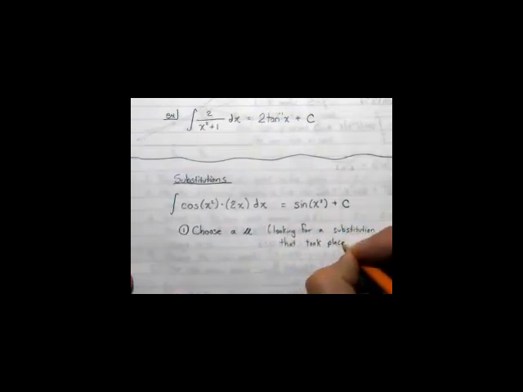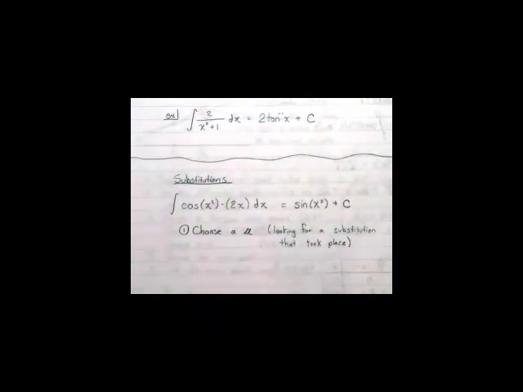So we'll do this in a minute, but what do you suppose would be a good portion of this equation for a U? What looks like it's been dropped in there, been substituted in somewhere? What part of cosine x squared times 2x?